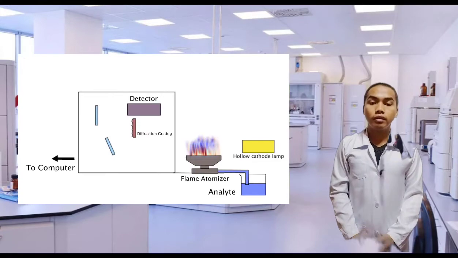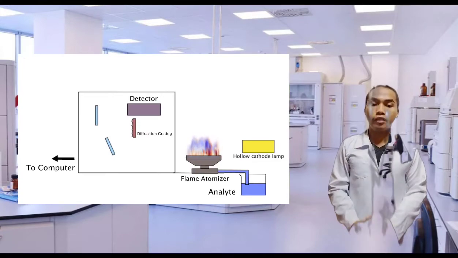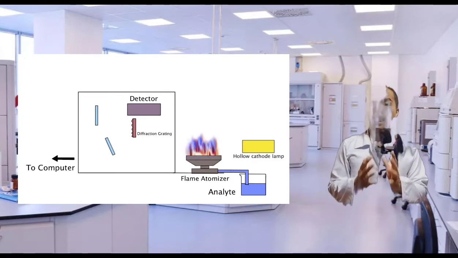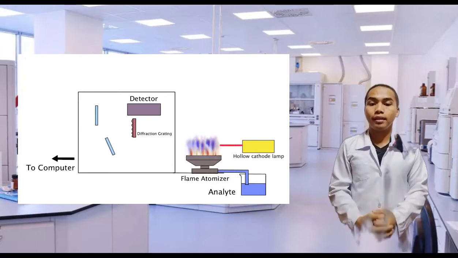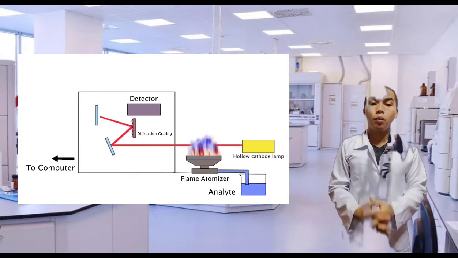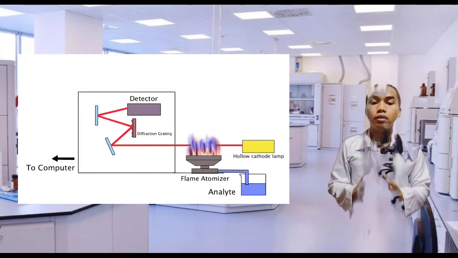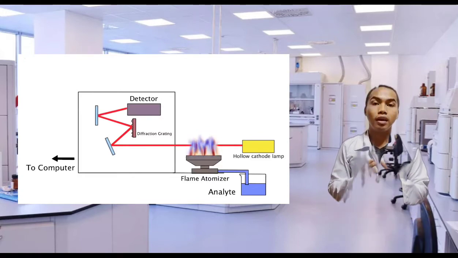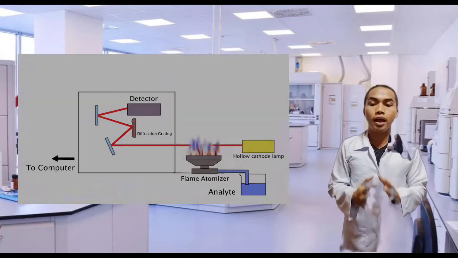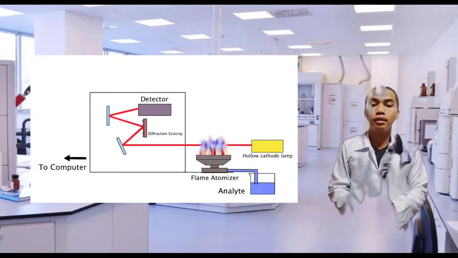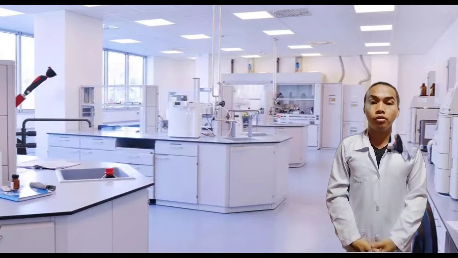As electrons return to their original energy states, they emit energy in the form of light. This light has a wavelength that is characteristic of the element. Depending on the light wavelength and its intensity, specific elements can be detected and their concentration measured.